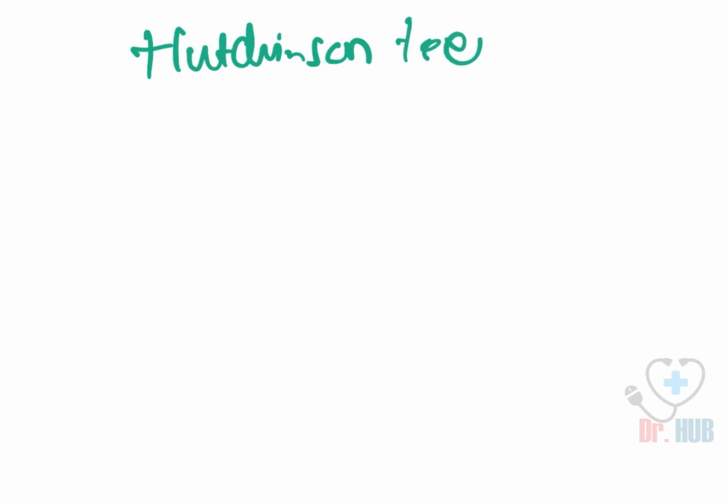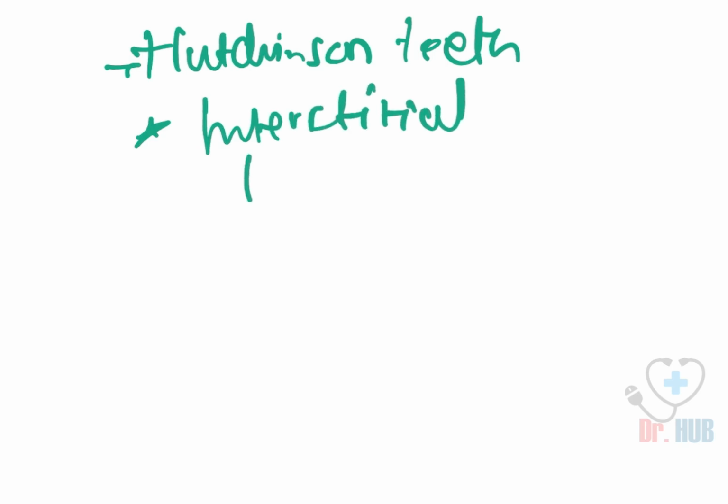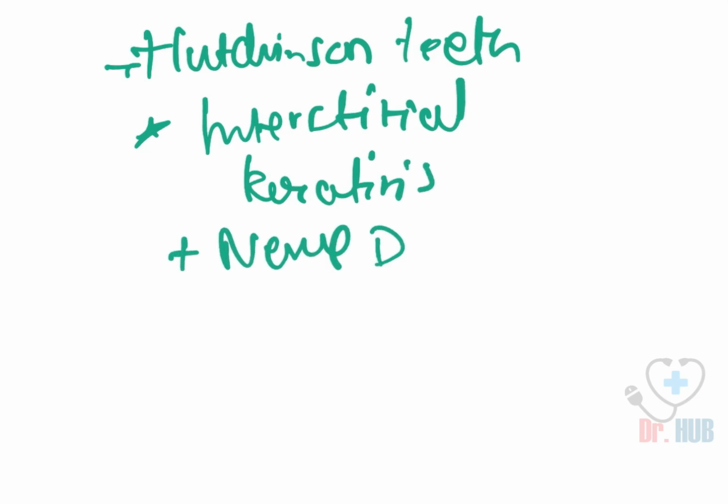The components include the presence of the Hutchinson's teeth, which is nothing but notched upper incisors. And along with Hutchinson's teeth, there is interstitial keratitis, and next, there is also nerve deafness.